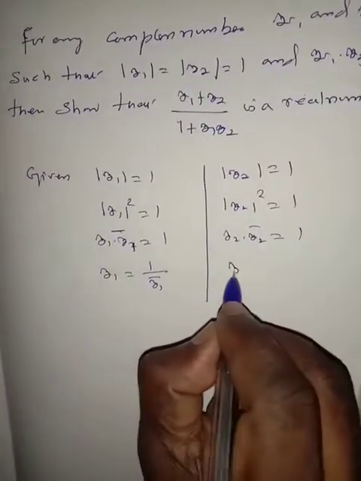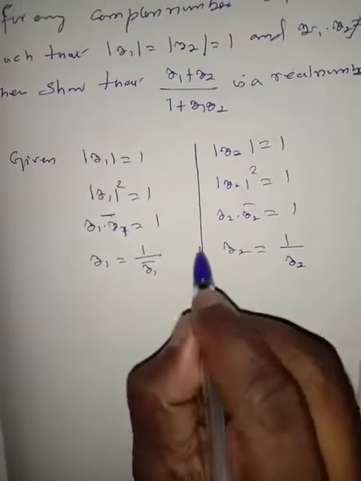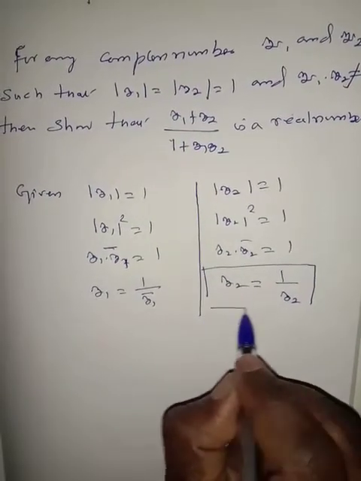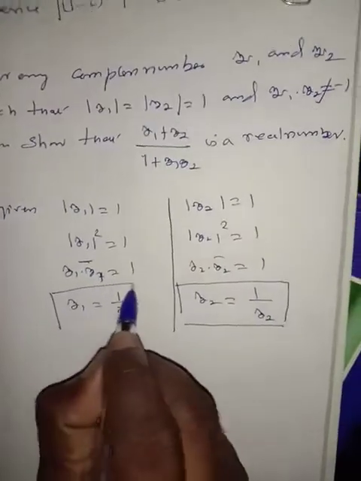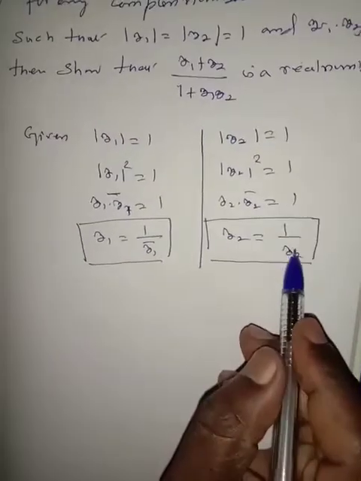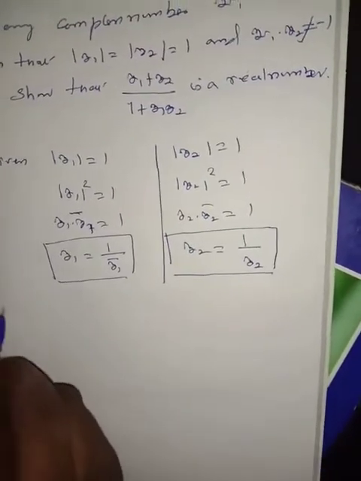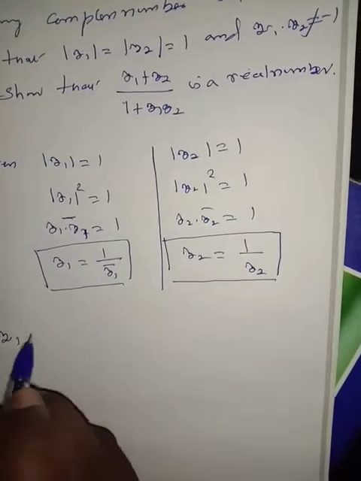This means Z2 is 1 divided by Z2 bar. The given condition gives Z1 is equal to 1 by Z1 bar and Z2 is equal to 1 by Z2 bar.